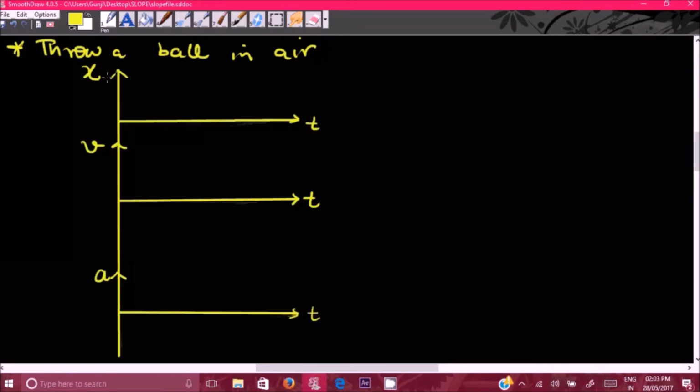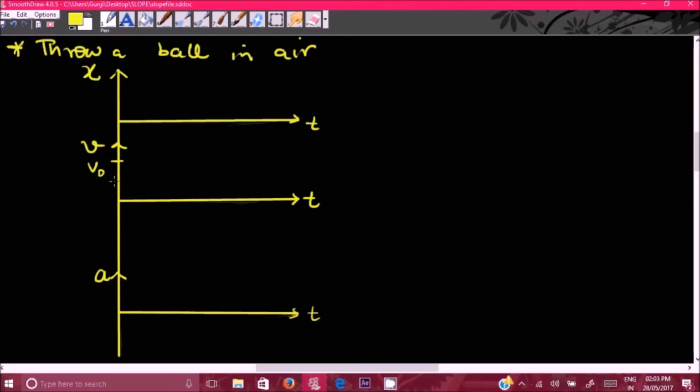The problem is, we throw up a ball in the air. When we throw up a ball in the air, we give it some initial velocity, let that velocity be V0. Now, when we throw a ball in the air, it returns to the ground.